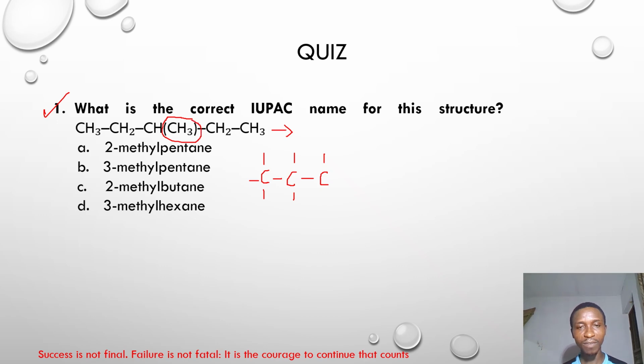That means we are going to have a branch chain here, and the second hydrogen atom has now been substituted by methyl. Then we continue our parent carbon atom. So we have CH2. Then finally we have CH3. Now let's fill our hydrogen atoms.